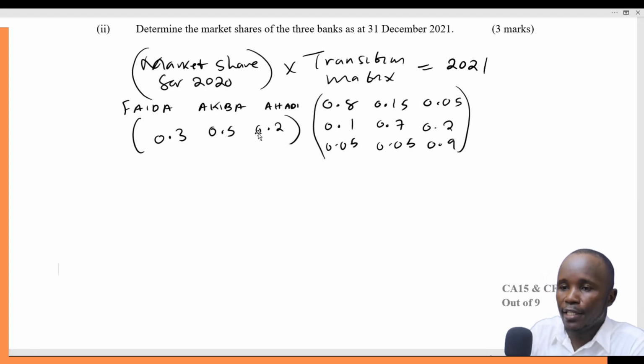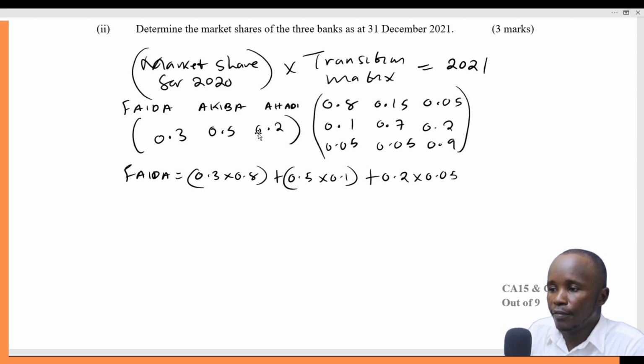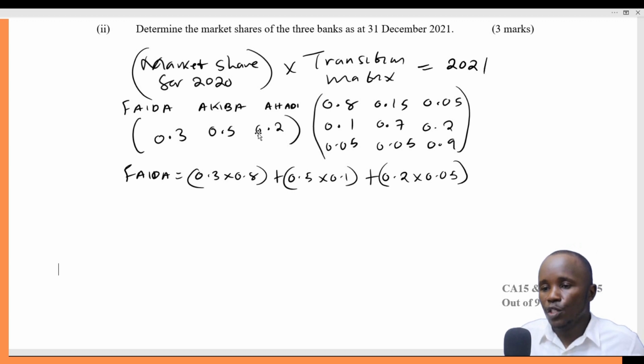Let's get the market share for Faida. Faida, we shall have 0.3 times 0.8 plus 0.5 times 0.1 plus 0.2 times 0.05. Hope that is clear. Pick your calculator and get your Faida as 0.3.